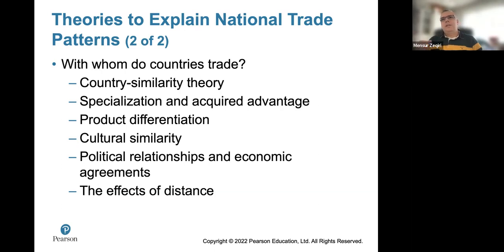And in these cases, trade mainly happens because companies in a given country, as we said earlier, do spend more time in research and development in some particular sectors than in others. And this is what leads these countries, let's say, to specialization and acquired knowledge.